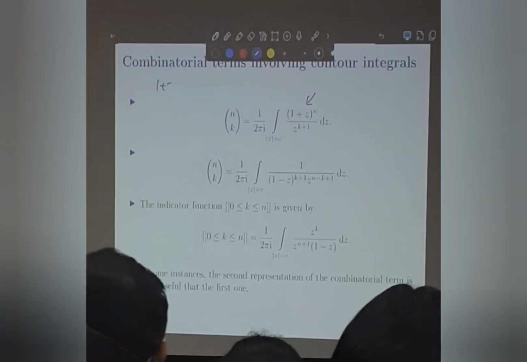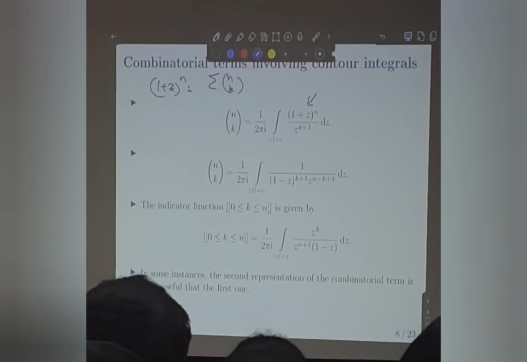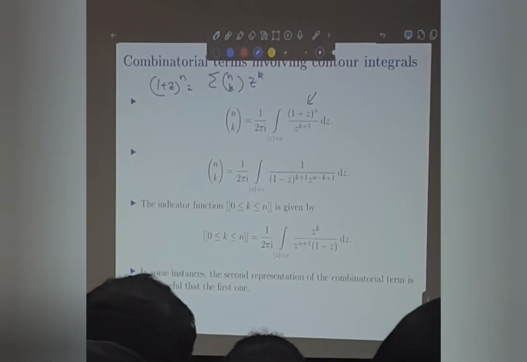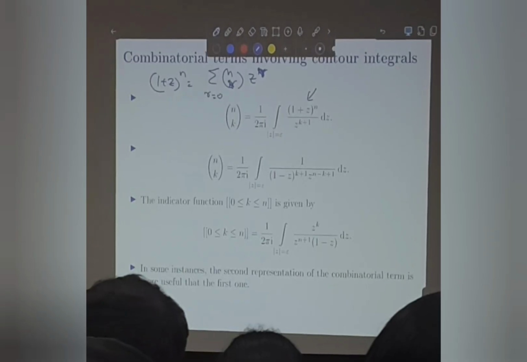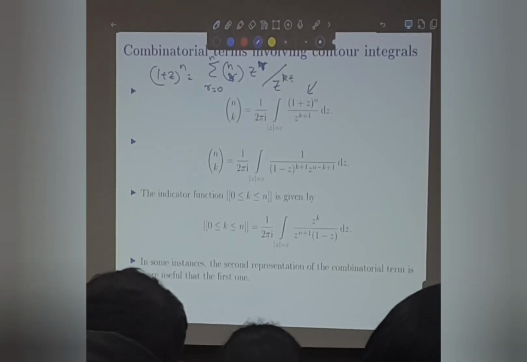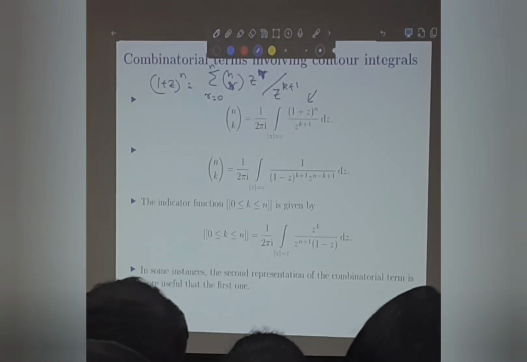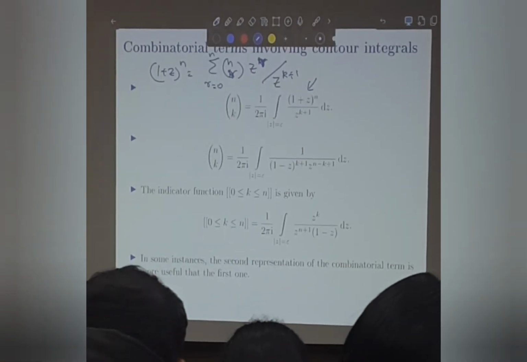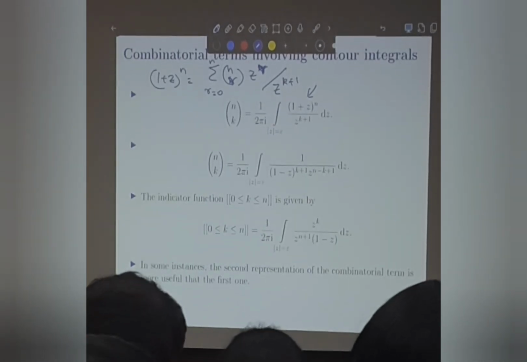So (1 plus z) to the n is the summation of n choose r, z to the r, with r equal to 0 to n. Now you divide by z to the k plus 1. Which term is going to survive when you integrate over this closed contour? Everything except r equal to k is going to disappear.